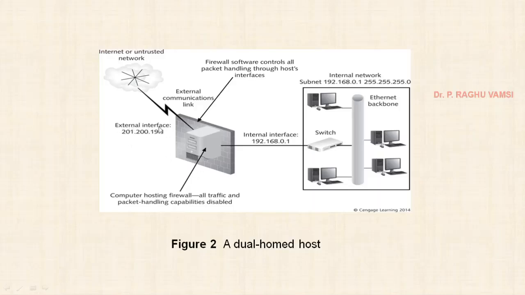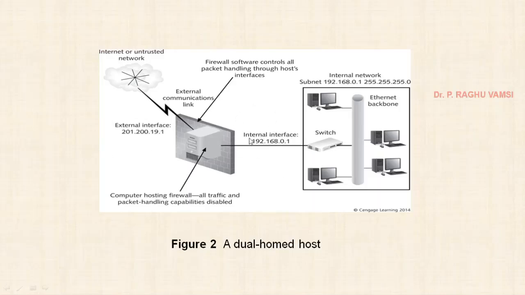One is the external network interface card and the other is the internal network interface card. The external network interface card is totally connected with the public network. So look at the IP address mentioned here, 201.200.119.1, which is the public IP address. In the case of the internal network interface, it is the local IP address, or we can say private IP address.